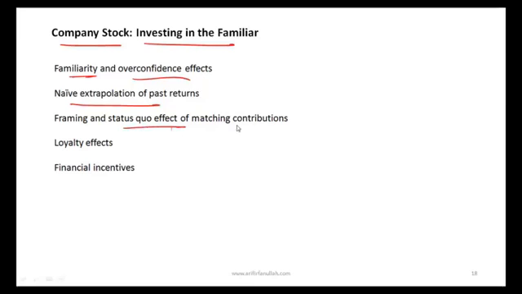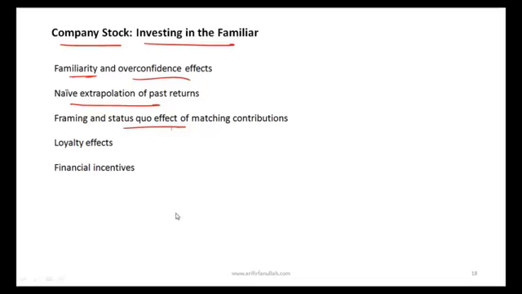Framing and status quo effect of matching contributions. If the company says that when you put money in any investment, we are going to match that by giving you some company stock, then people tend to invest even more in company stock. There might be loyalty effects. So I work for this company, I love this company, I want to buy this company stock.